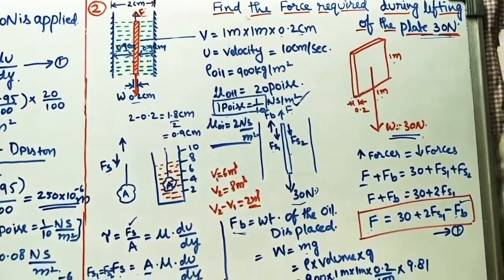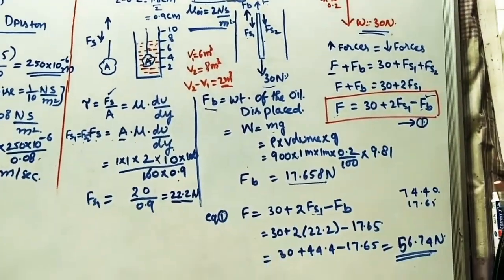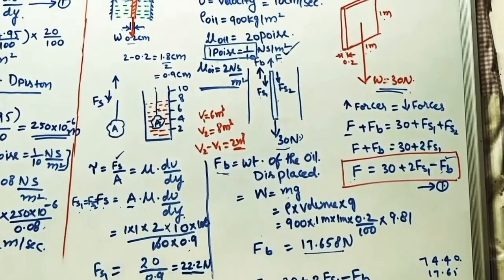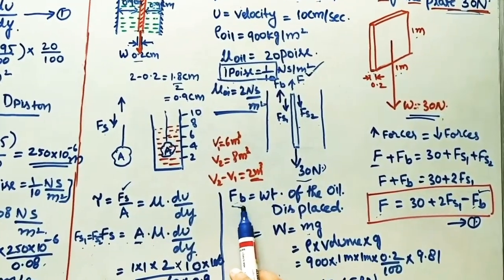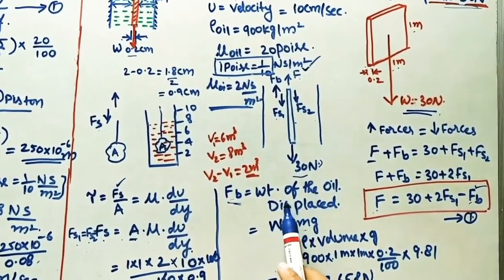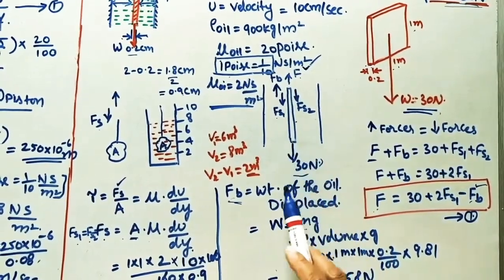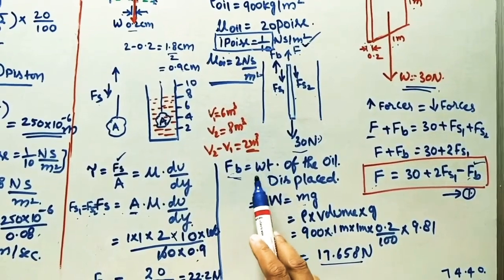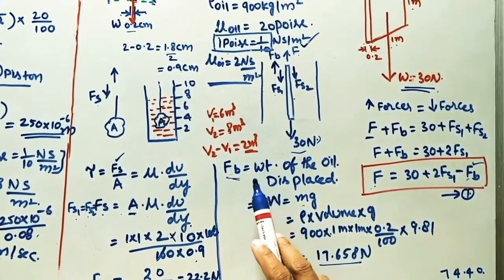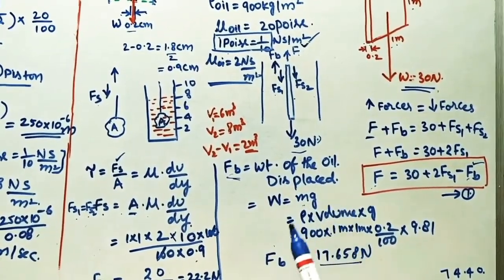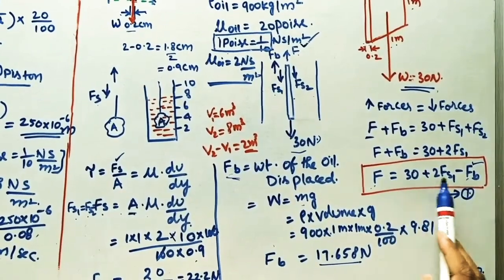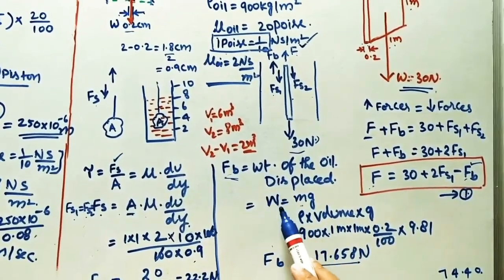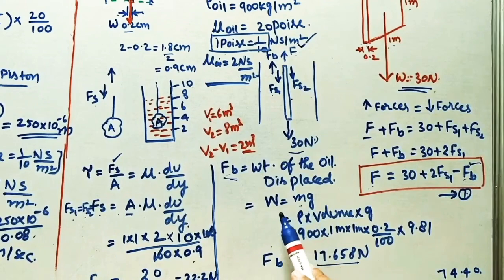Okay, so this is the procedure for doing the problem. One important thing is that we have to find the buoyancy force from the oil displaced by the volume of this plate. So instead of volume we have to take force, the weight of the oil displaced, because we are considering all forces in newtons. So we take W is equal to mg, like F is equal to ma.